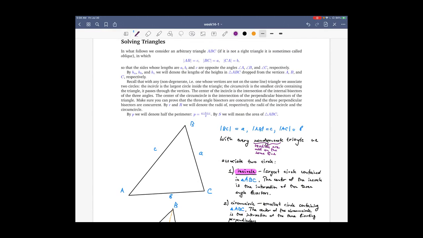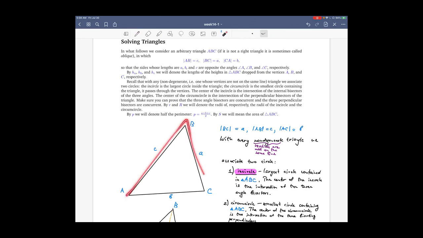Also, I encourage you to pick up your favorite geometry book and read about the fact that every triangle has an orthocenter, the point where all three heights intersect. So they intersect at one point.